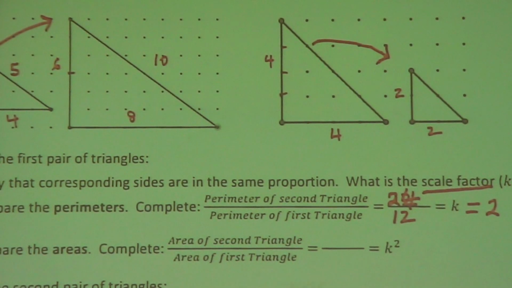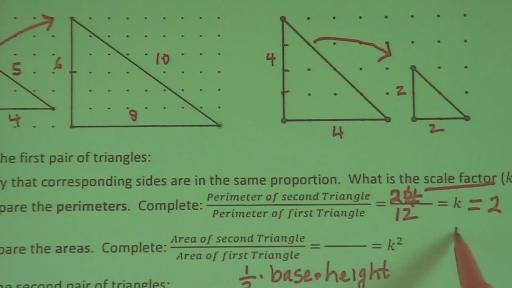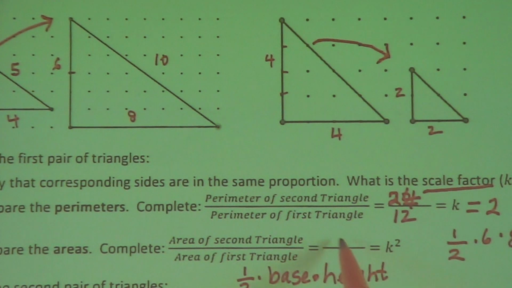Remember, area of a triangle is 1/2 base times height. So take the second triangle, it will be 1/2 of 6 times 8. 1/2 of 6 times 8 will be 24.